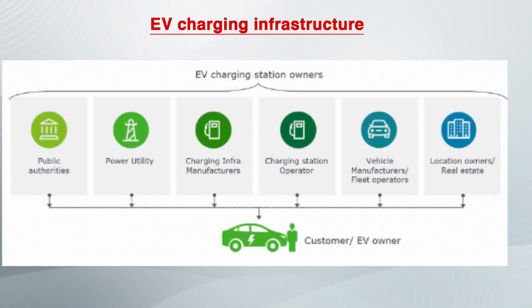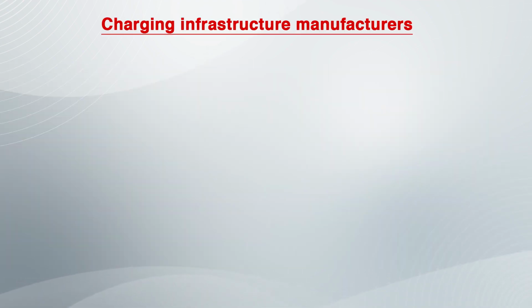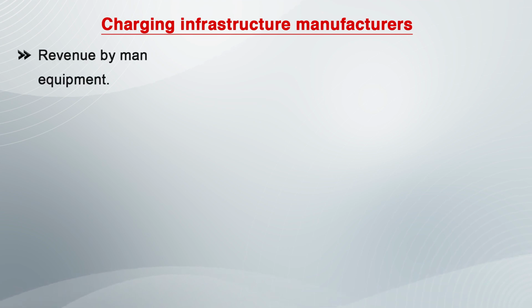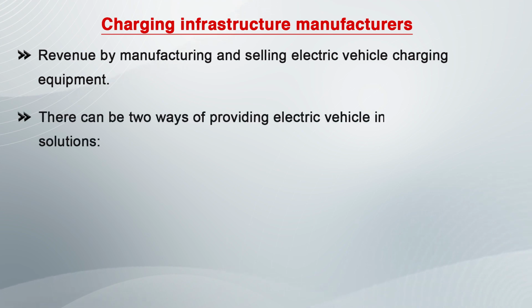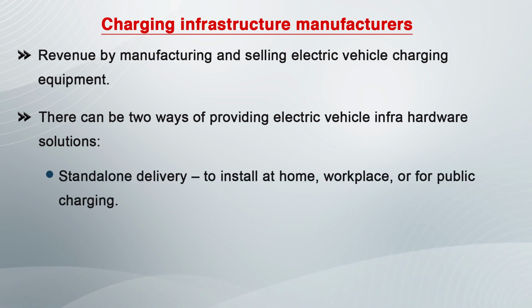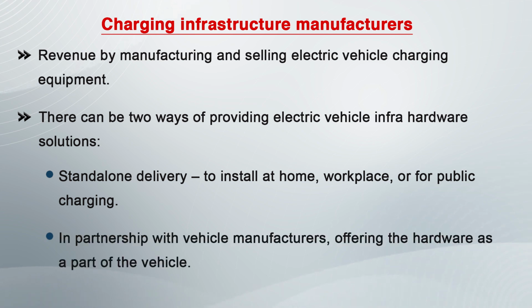These are all the EV charging station owners you can see in the figure. First, the charging infrastructure manufacturers. You can generate revenue by manufacturing and selling electric vehicle charging equipment. There can be two ways of providing electric vehicle infra hardware solutions. First, stand-alone delivery to install at home, workplace or for public charging, and second, in partnership with vehicle manufacturers, offering the hardware as a part of the vehicle.